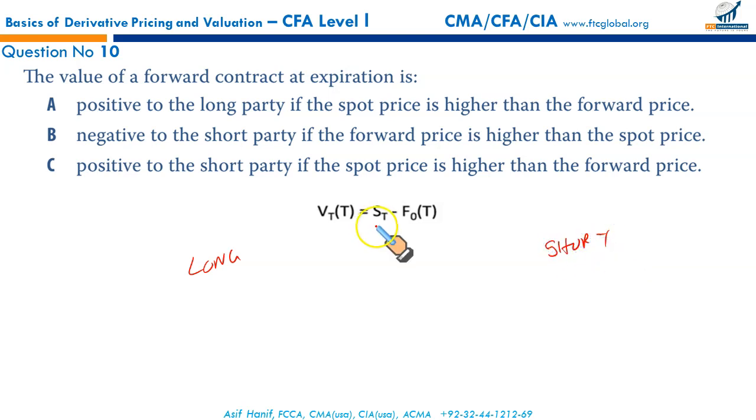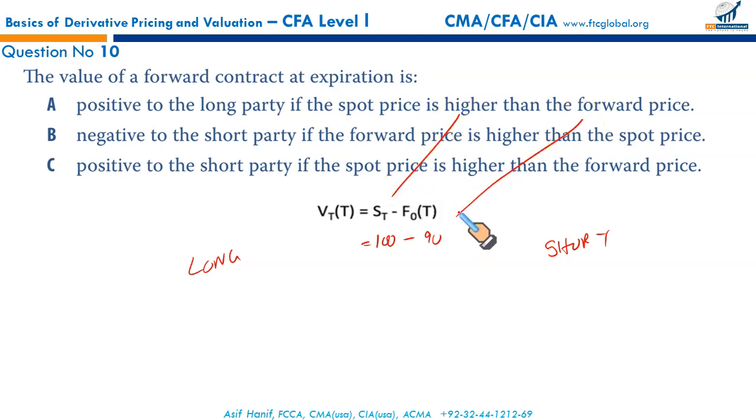The long party would profit from paying a forward price that is lower than the spot price. So in that case, the spot price has to be higher than the forward price. So the value of a forward contract at expiration is positive to the long party. Yes, it's positive. 100 is the spot price, 90 is the forward price. So positive to the long party, the spot price is higher than the forward price.